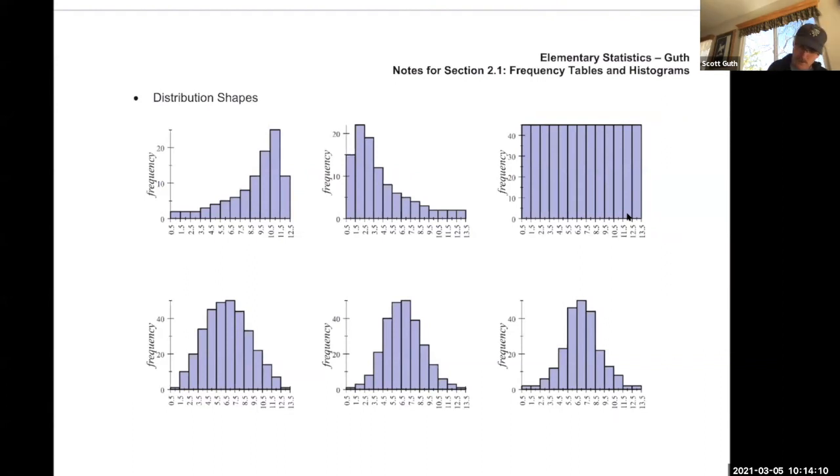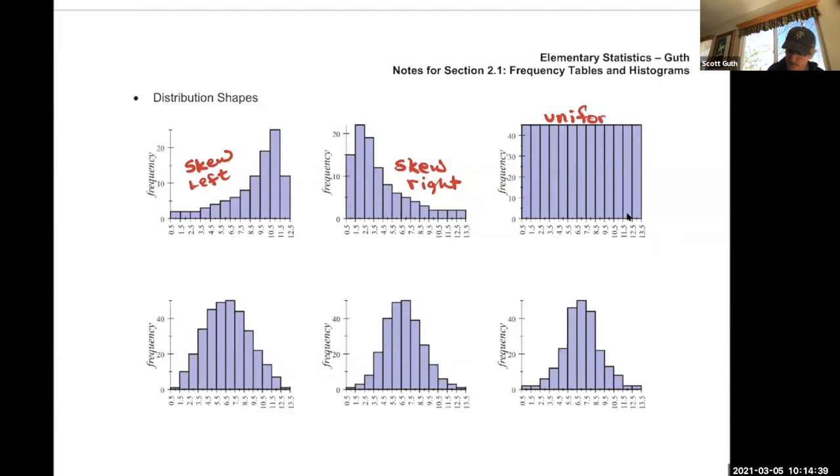So just real quickly, let's label these as skew left. Okay, so it has a tail on the left. Then skew right, with the tail sort of going to the right. Okay, the flat one is called uniform.